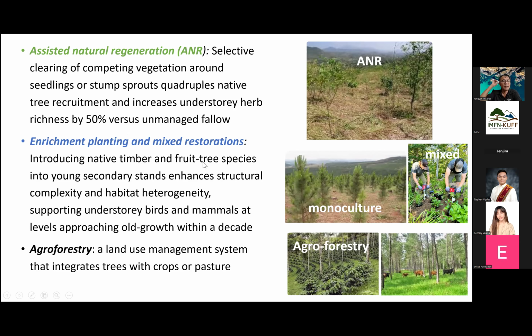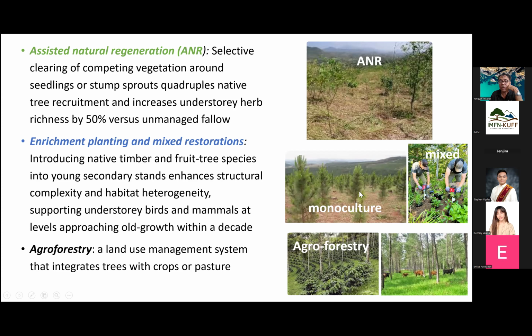Okay. So the second one is enrichment planting or mixed restoration. If you see this photo, on the left this is the monoculture. It means that we grow only one species in a systematic plantation, either in 2x2 or 4x4 spacing, according to the shape of the species.